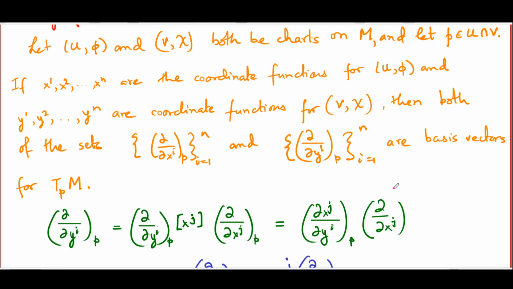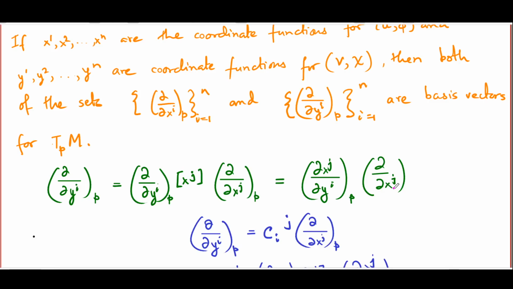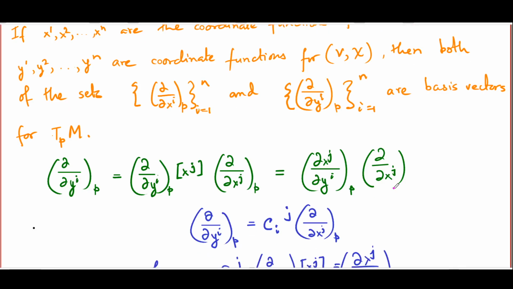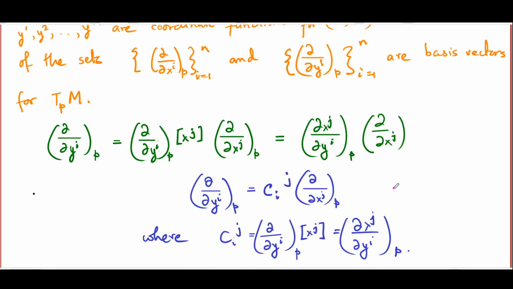So del yi at P is ultimately given by Cij del xj at P, where the coefficients Cij are nothing but the vector del yi at P acting on xj, which is written as del xj del yi evaluated at the point P. So you see, the basis vectors for the new set are related to the basis vectors of the old set via a linear combination, and the coefficients of the combination are partial derivatives, actually the partial derivatives of the proxy functions corresponding to the jth old function.